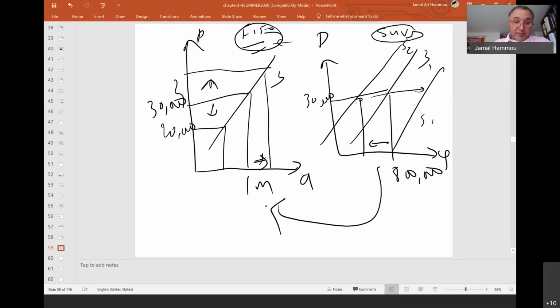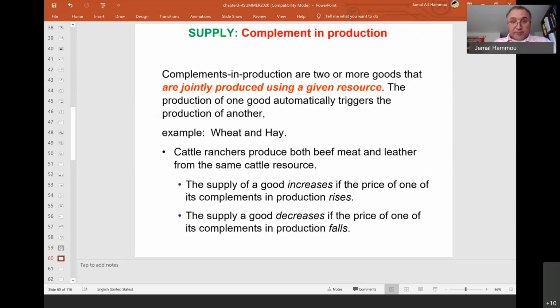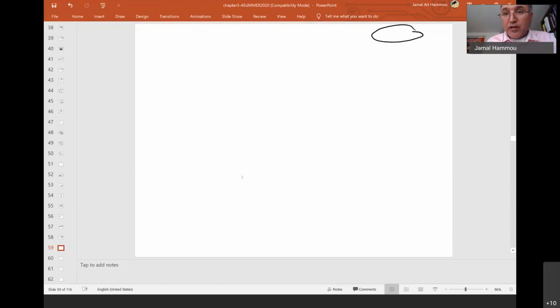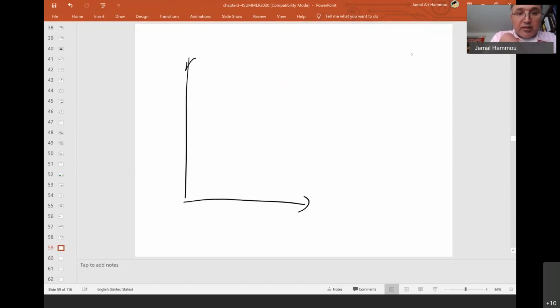So that's substitute in production. Now, complementary production. Just look at the leather and the meat. So you have a farmer, a rancher, and you produce meat, for example, beef. This is complement in production.